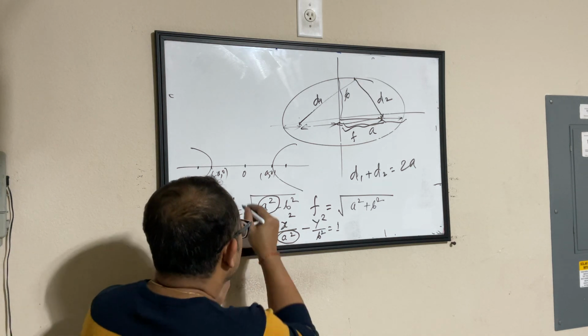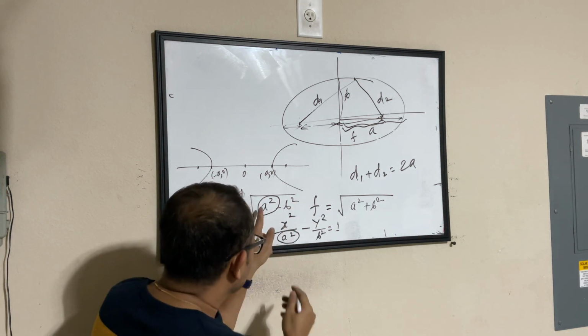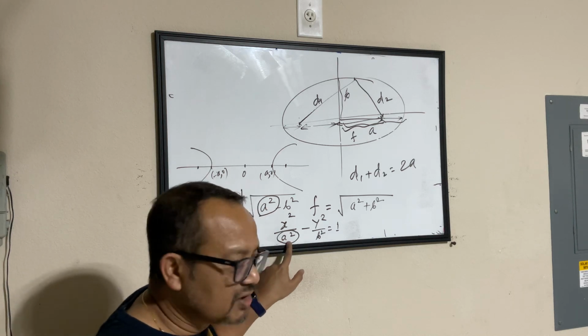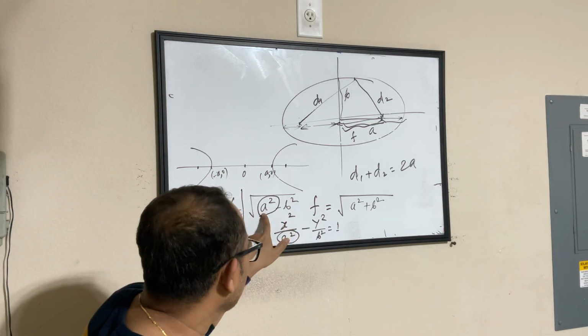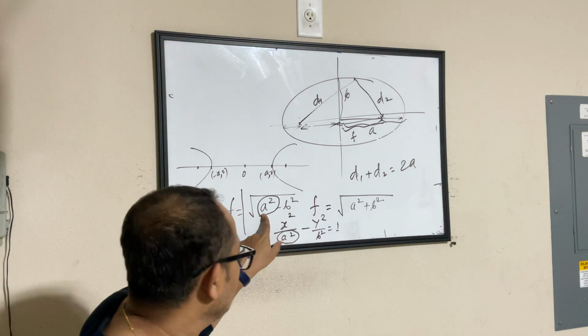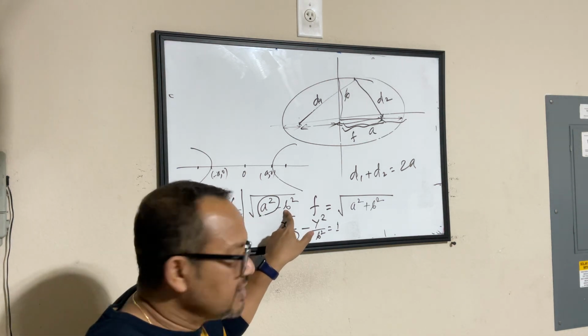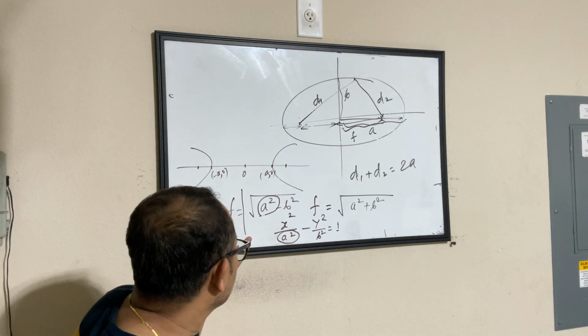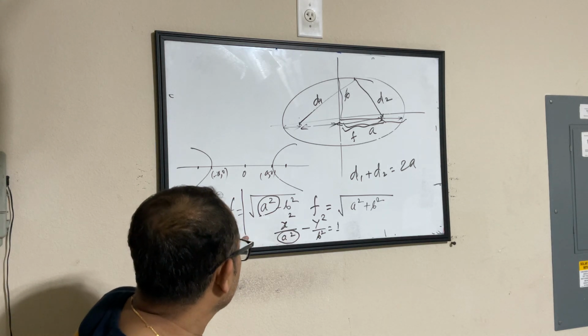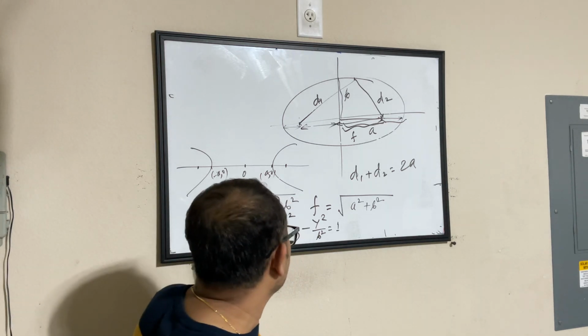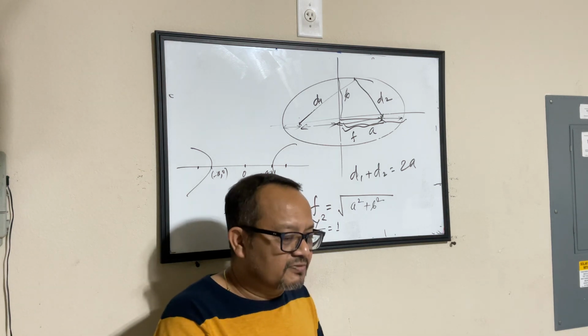It says always you have to look at the bigger one minus the smaller one. So square of the bigger radius minus the square of the smaller radius. The focal length will be equal to a square minus b square. And there's a way to prove it also.